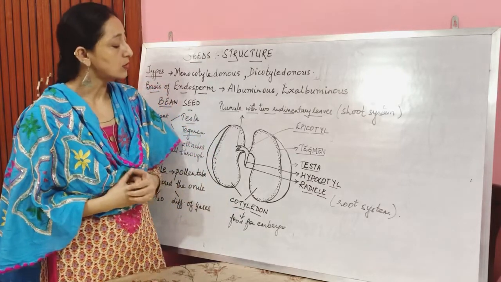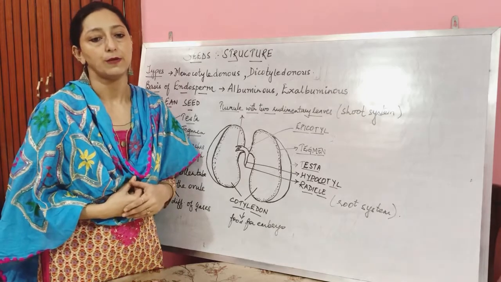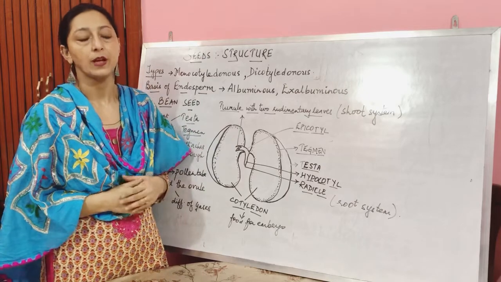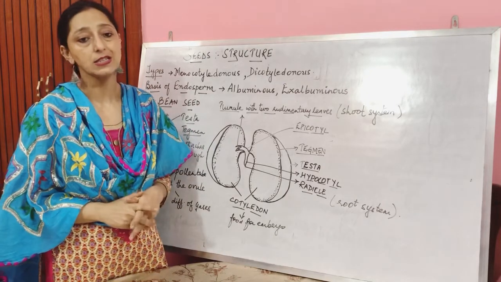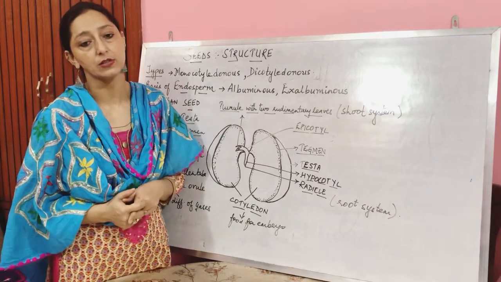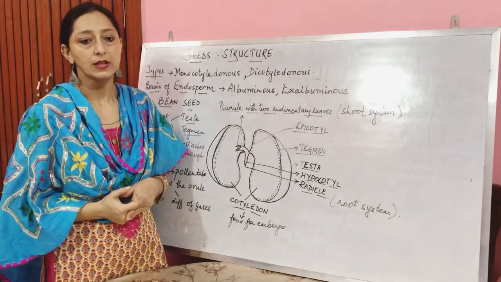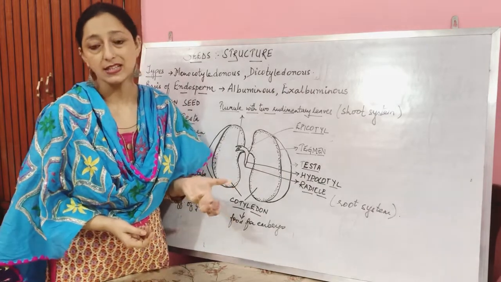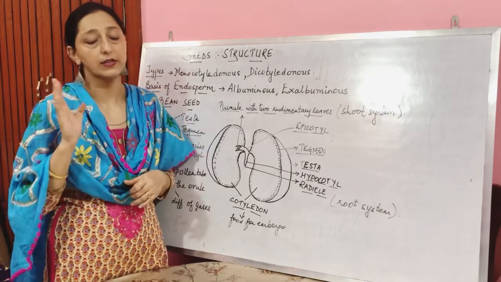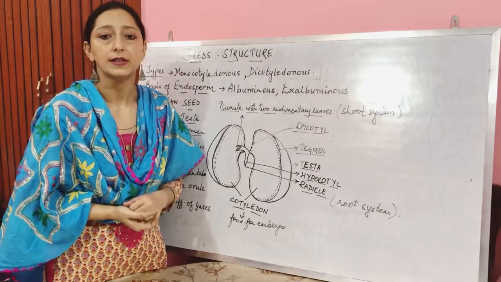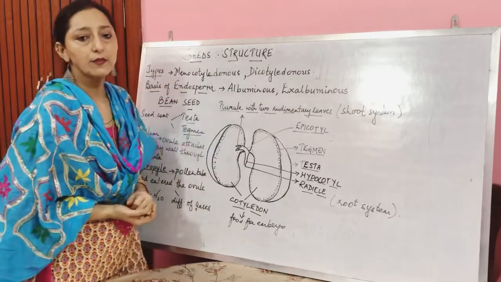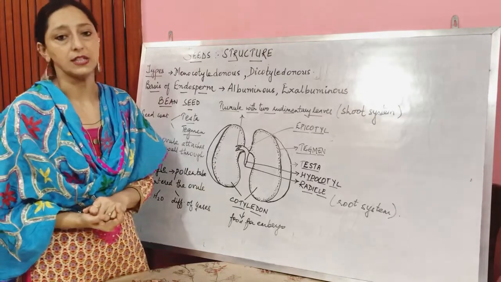The seed also contains food material for the nourishment of the embryo during germination. The embryo can withstand unfavorable conditions of temperature, drought, etc. Some seeds are known to remain dormant for hundreds of years or even more.